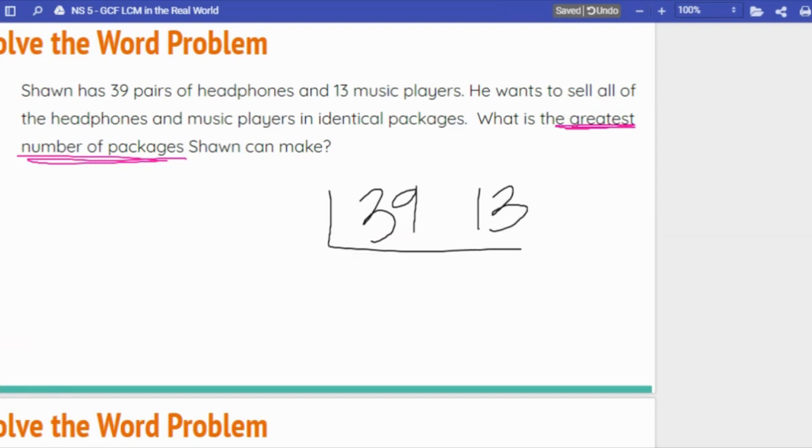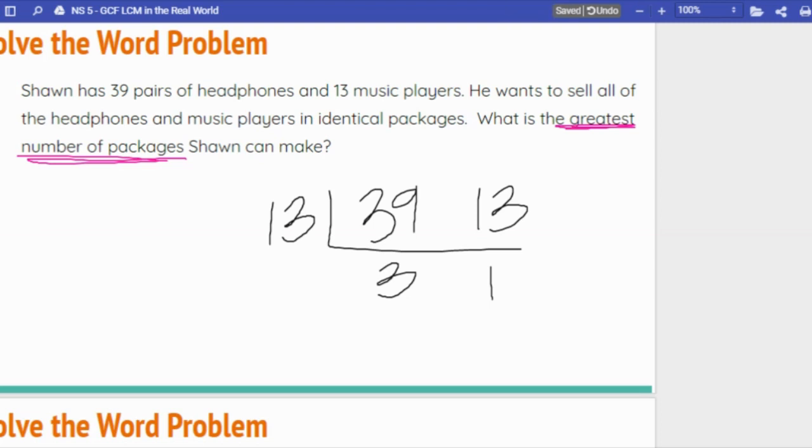So I need a number that goes into 39 and into 13. Well, they're not both even, so I can't use 2. I look at 13. I know 13 is a prime number, so the only thing that goes into 13 is 1 and 13. Oh, but I know that 13 times something is 39. So 39 divided by 13 is 3. 13 divided by 13 is 1.